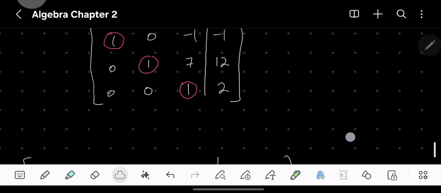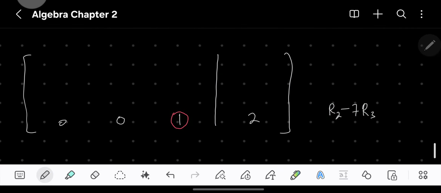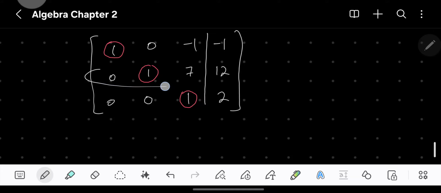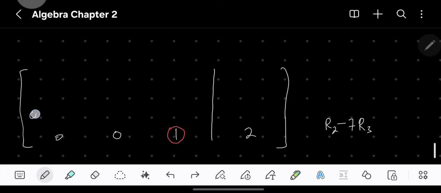So I'll apply R2 minus 7 R3. How can I write it? R2 is 0, 1, 7, 12. So I will write 0, 1, 7, 12 minus 7 times R3, so minus 7 everywhere.